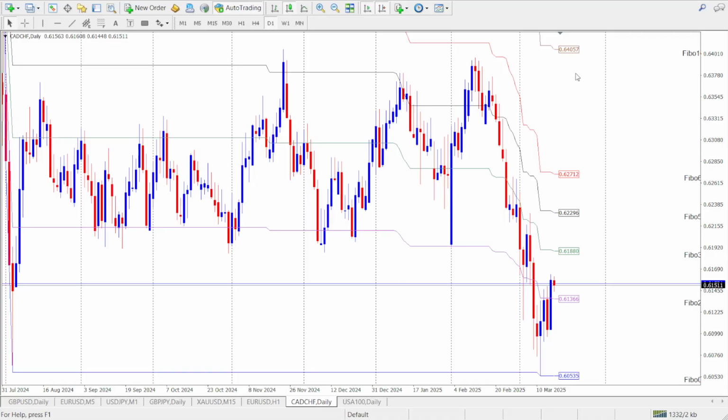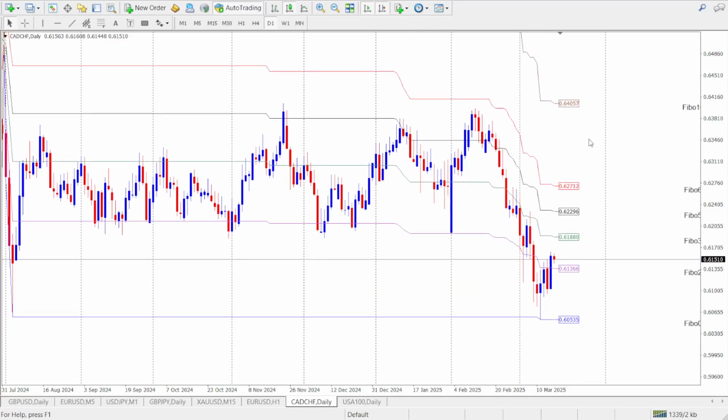So you can see that the indicator displays 6 Fibonacci levels. Can you see that? 1, 2, 3, 4, 5, 6. The 0 in blue, the 23.6 in medium orchid, the 38.2 in sea green, the 50 in black, the 61.8 in red, and the 100 in sienna.